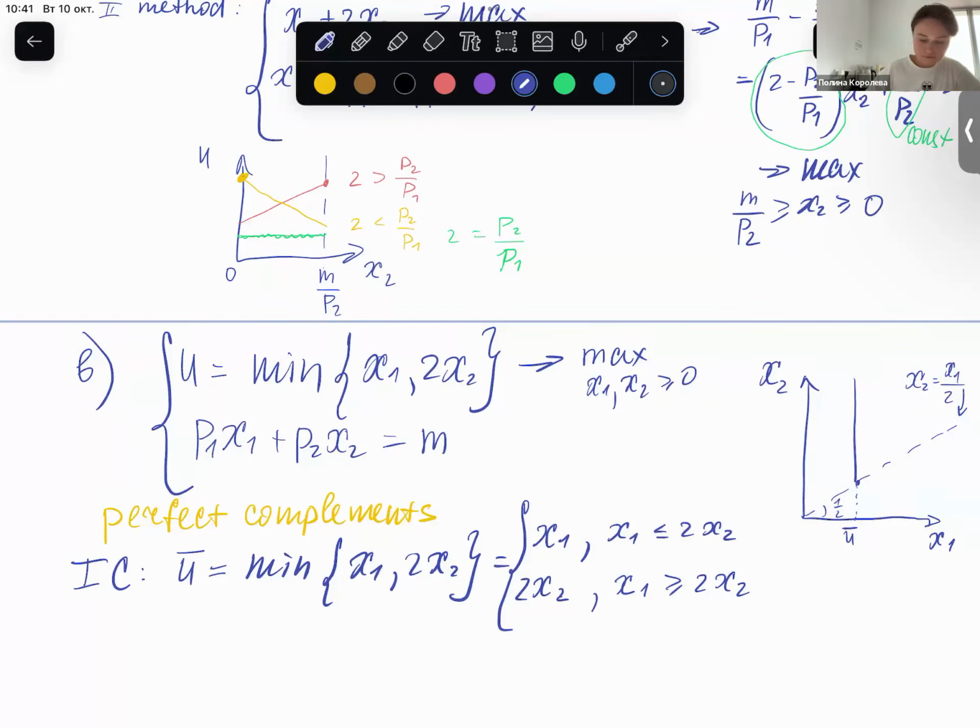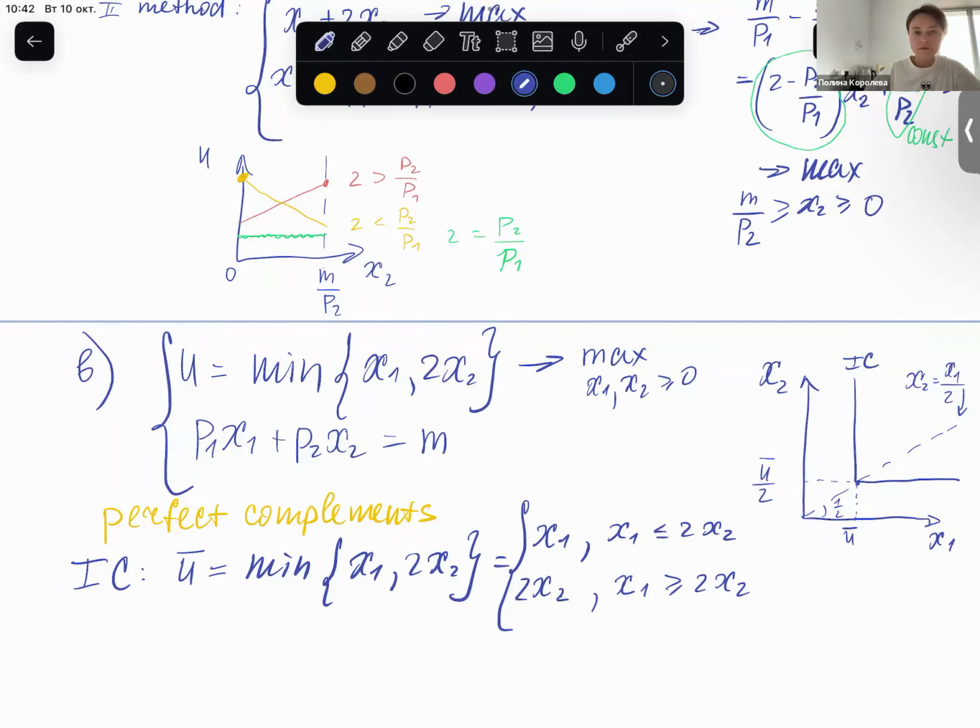And vice versa, in the area under our line, you see x2 equals u over 2. So it will be here, u over 2. So x2 equals a constant. This is the horizontal line, this part. So this is the indifference curve for the case of perfect complements.